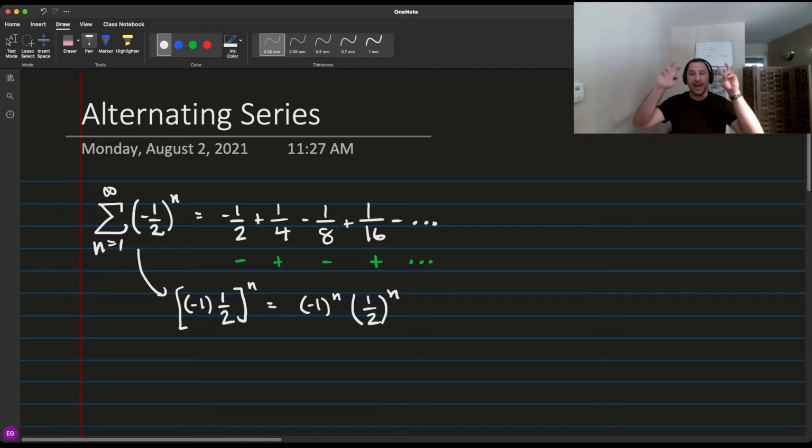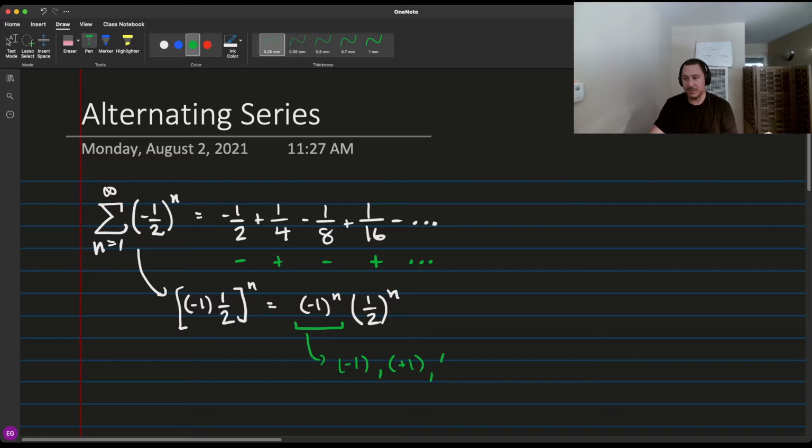You can break out this (-1)^n term. This (-1)^n part is what causes the sign to flip back and forth, right? Because (-1) to the first is -1, (-1) squared is +1, (-1) cubed is -1, and so on. So you can see that the negative is what causes it to flip back and forth.